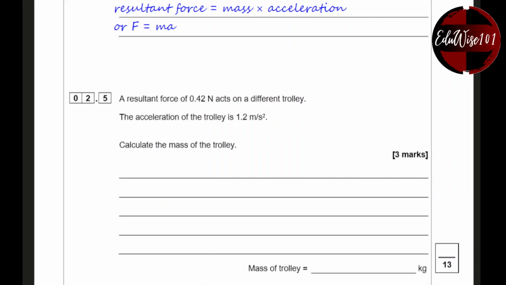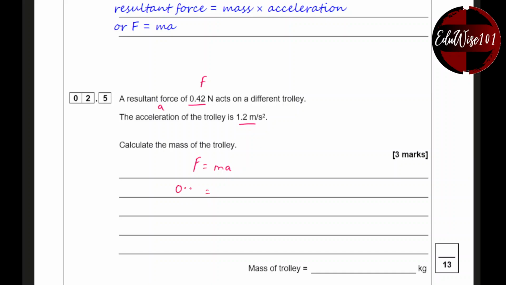The resultant force of 0.42 newtons acts on a different trolley. So you have a different trolley now with a force of 0.42 and an acceleration of 1.2. Calculate the mass. So using the above equation, F equals ma.